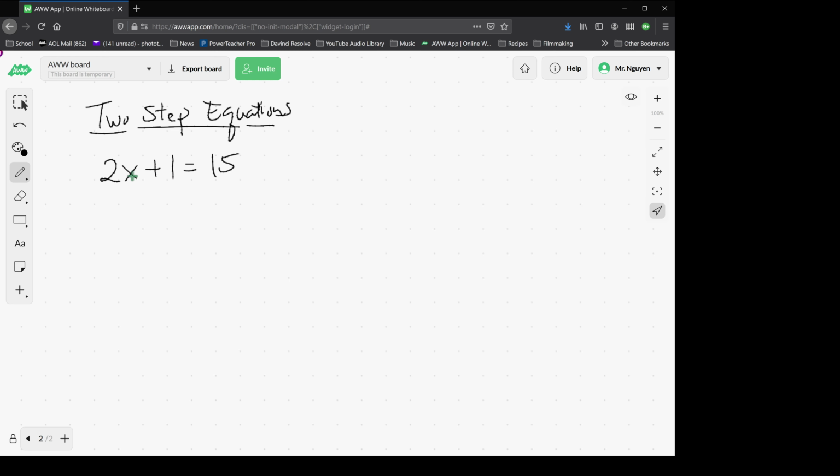First, you will notice that you have 2x. That's 2 times x. That's one operation. And then you're adding 1. So there's 2 things going on here, and you have to undo both of them. So I'm going to try to make this fairly easy for you to understand. Now, if you recall the order of operations, the order of operations tells you the order in which you're supposed to do things.